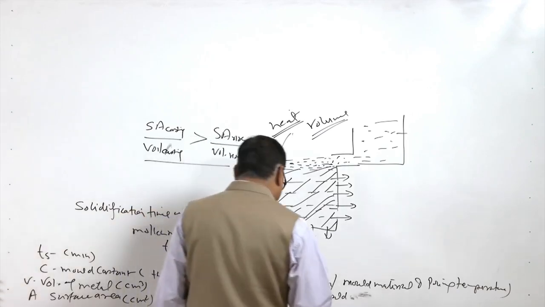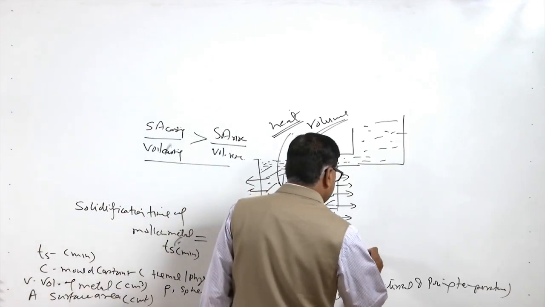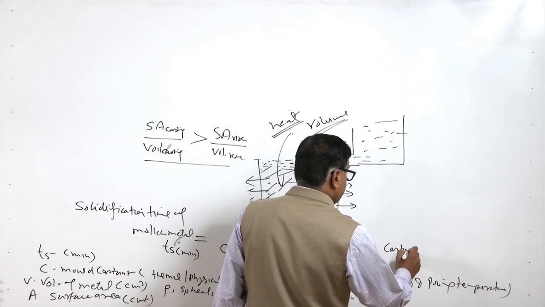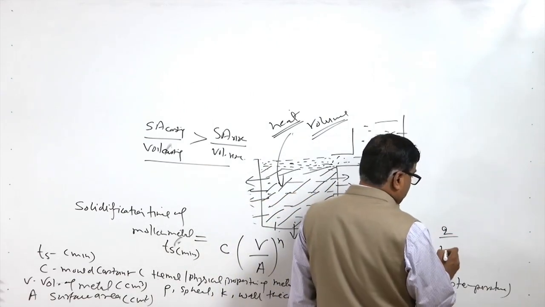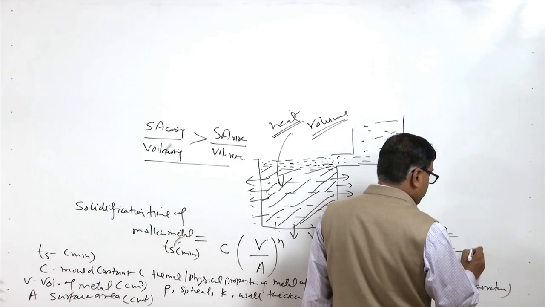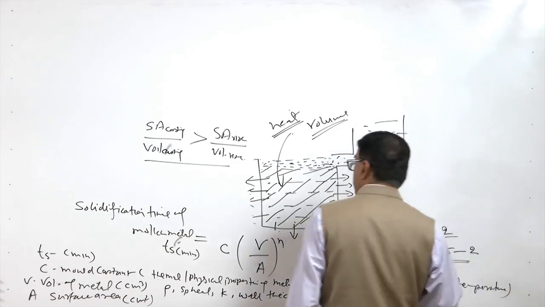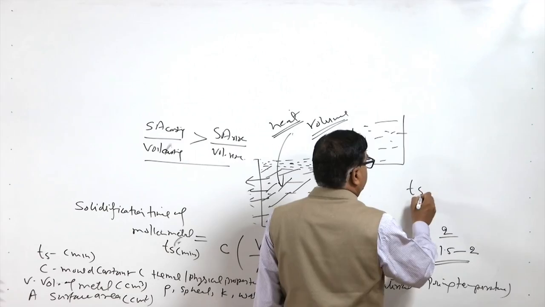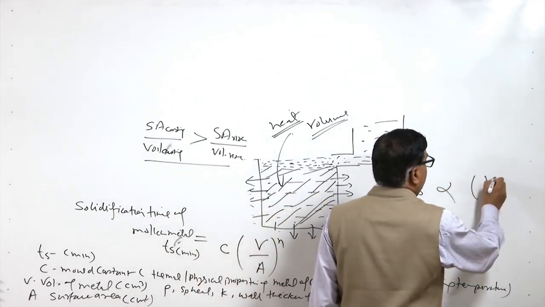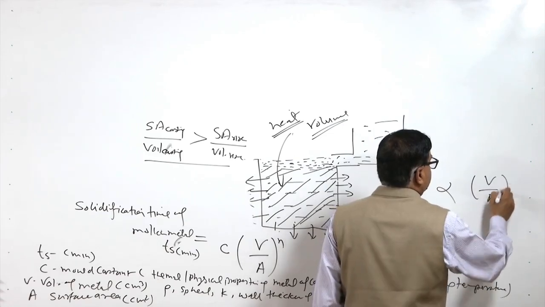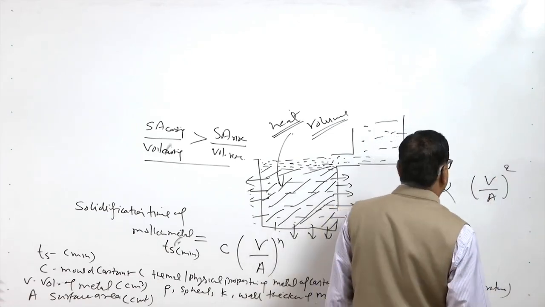The value of N is also a constant, normally written as 2, but it is found in the range of 1.5 to 2. So, normally solidification time is proportional to the square of the volume to surface area ratio.